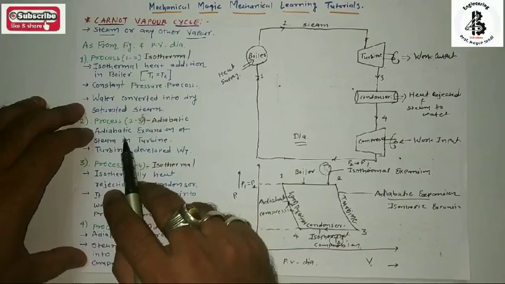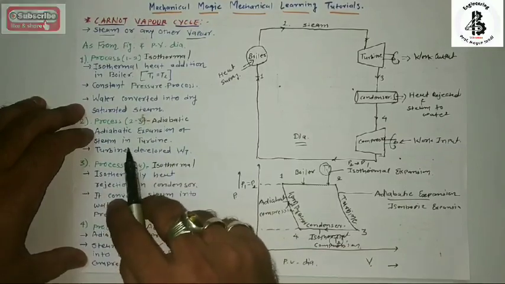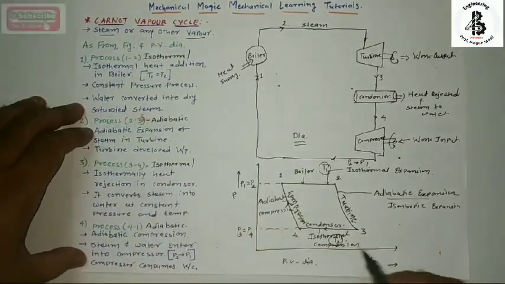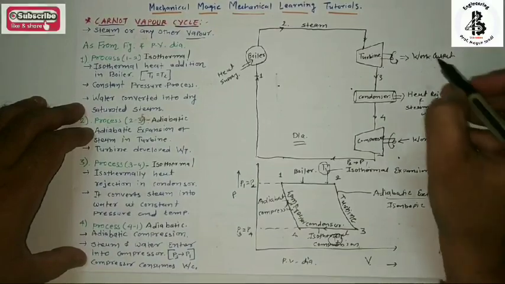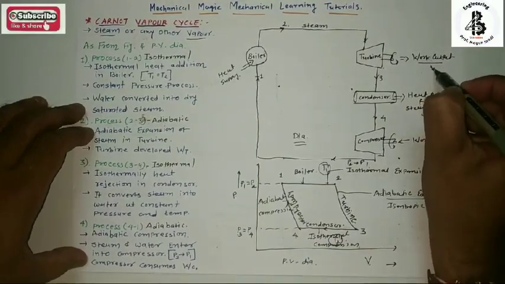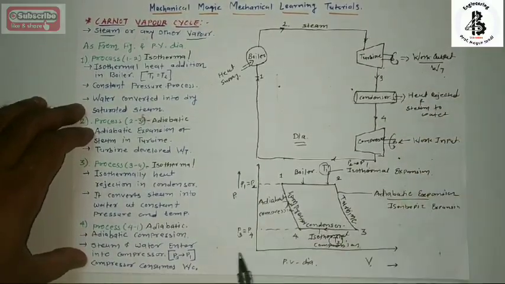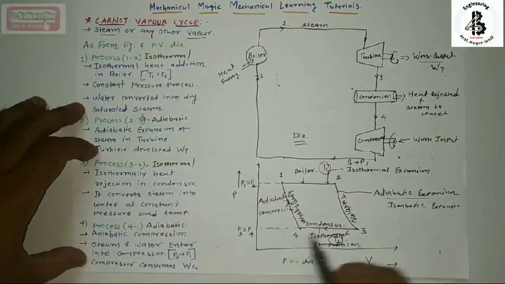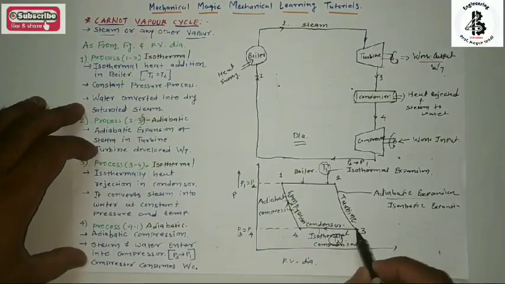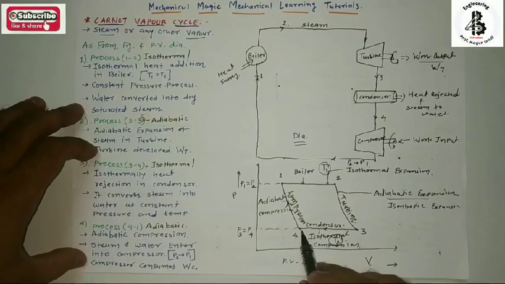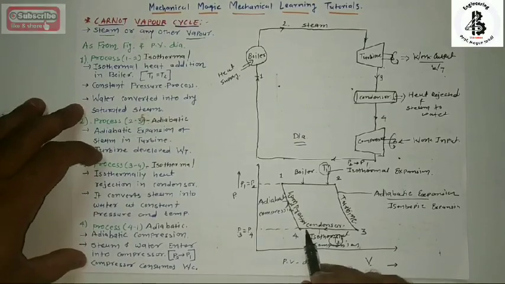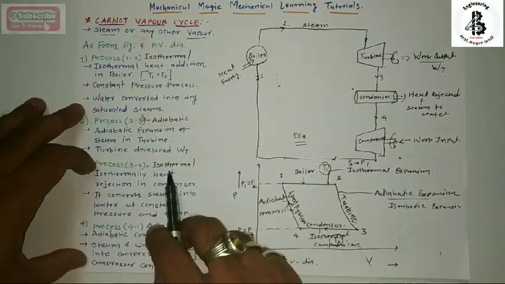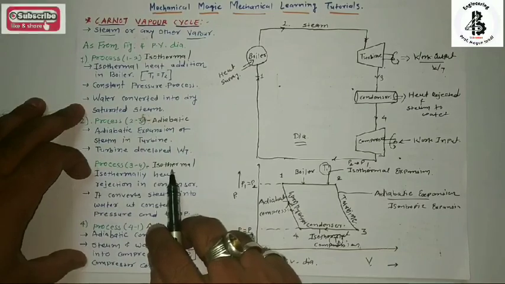In the case of adiabatic expansion of steam in the turbine, the turbine gives some work output. So you can say that is turbine work. Then at point 3 to 4, that is our condensation process at constant temperature and constant pressure.